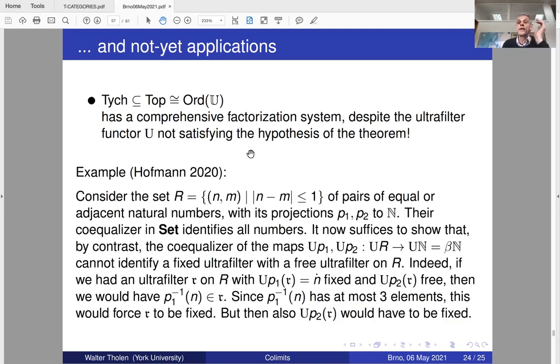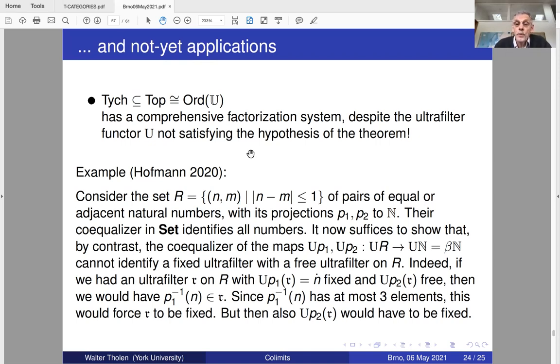Dirk Hofmann gave me a nice example that clearly shows why the ultrafilter functor doesn't preserve reflexive coequalizers. It goes as follows. You take pairs of natural numbers that are adjacent or equal. And you have the two projections into the natural numbers. Of course, if you form the coequalizer of that, that is a one-point set.